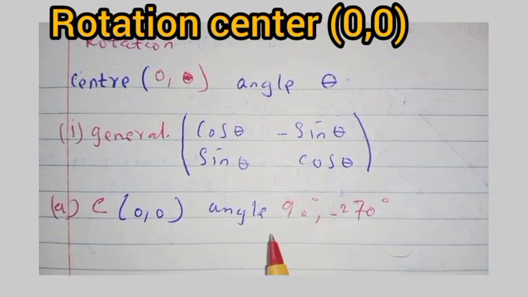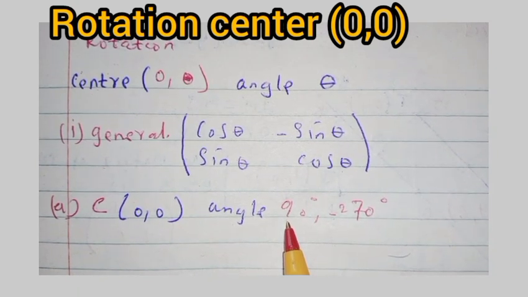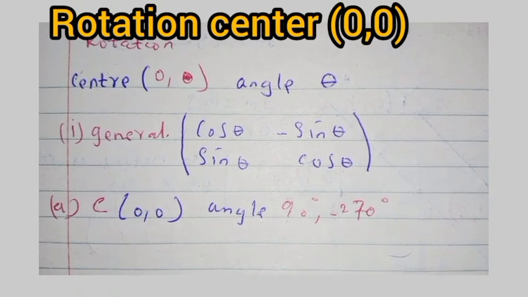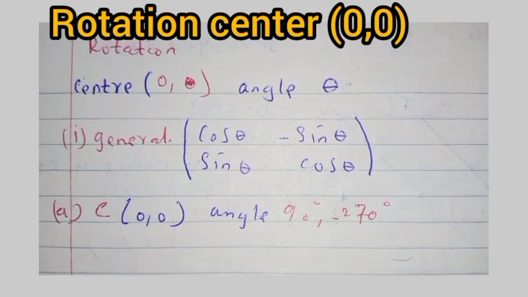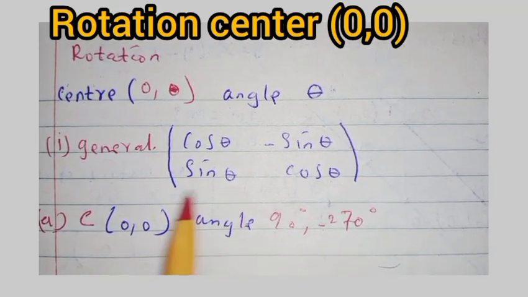So angle of rotation 90 degrees anti-clockwise is the same as negative 270 clockwise. When we are considering rotation, when the angle is positive, it means it is anti-clockwise.